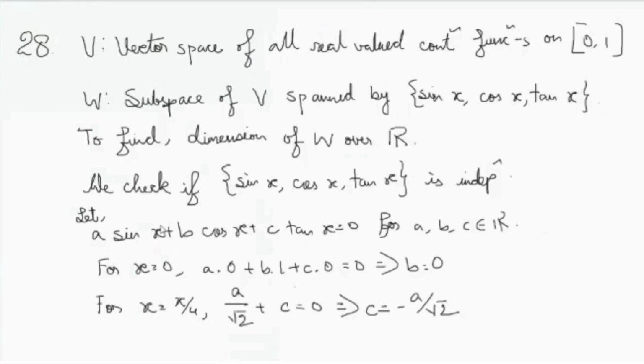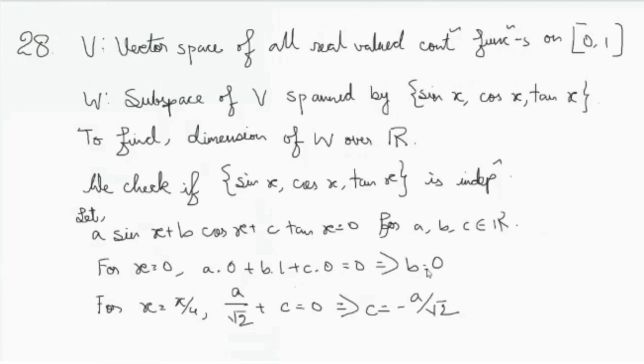I have here considered a sin x plus b cos x plus c tan x equal to 0 for some real scalars a, b, c, and we will try to find the values of a, b, and c. Since the functions are defined for all x in the range 0 to 1, first we consider x equal to 0. So a sin x is a into 0 plus b cos x is b into 1 plus c tan x is c into 0, which is equal to 0.